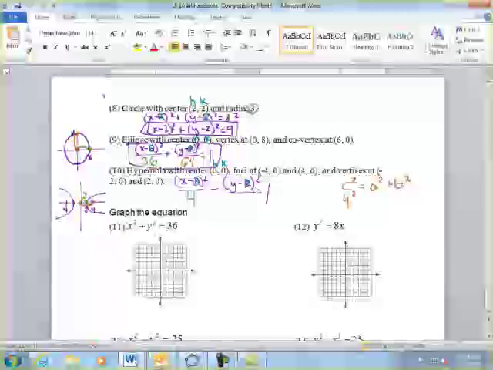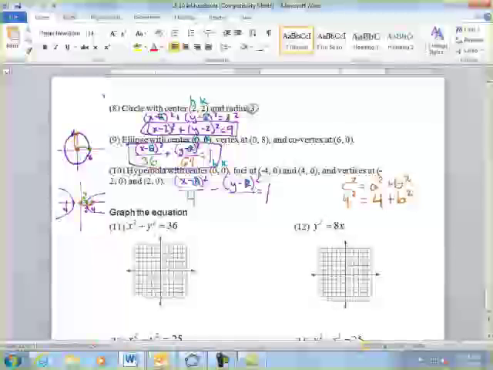A is the distance from center to vertex. Or you can think of a squared as being the number we already know. A squared and b squared are supposed to be our denominators. So I know one of the denominators is 4, and I need to solve for the other denominator.